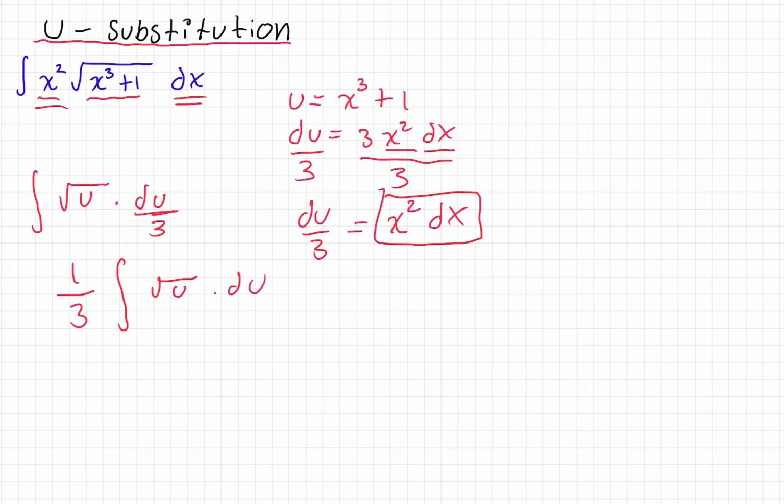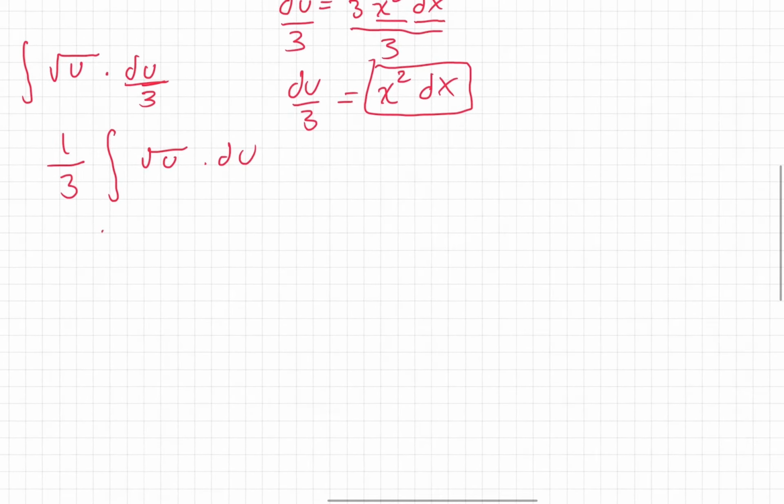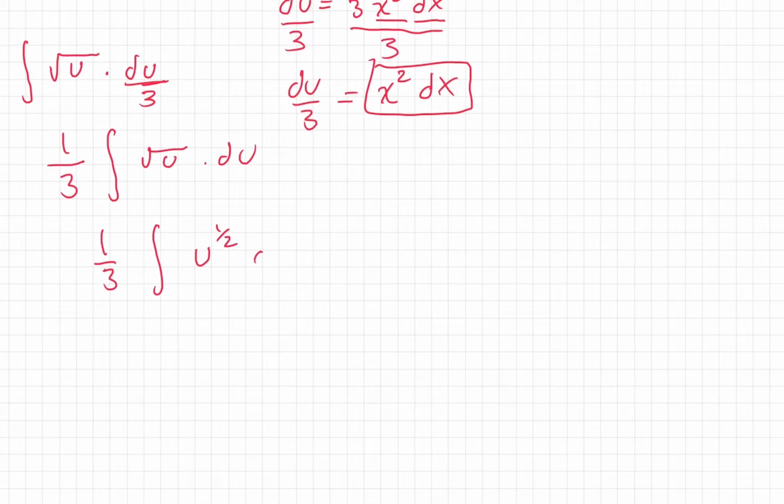If you remember that the square root is the same as to the power of 1/2, we can just rewrite it as the integral of u to the 1/2 with respect to du. And at this point, it's easy to integrate. We just essentially add 1/2 plus 1, which is 3 over 2.